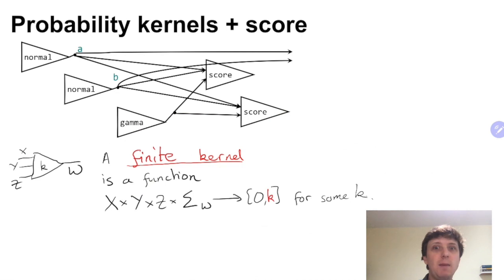So it's like an unnormalized probability distribution, but where the normalizing constant is bounded across all parameters.